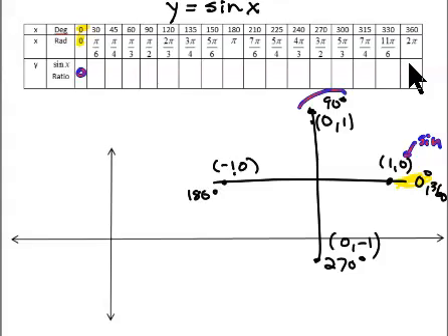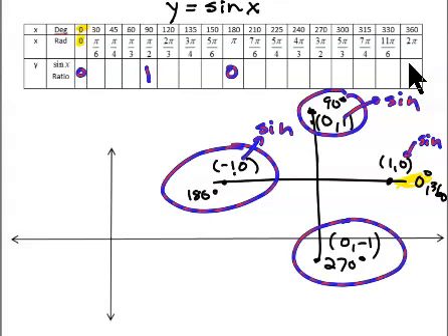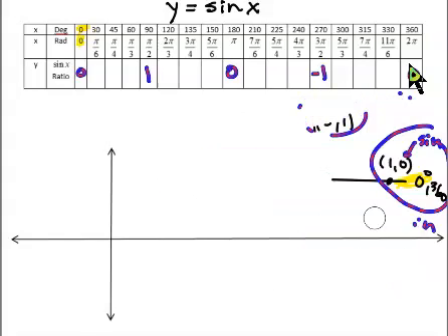If I went up to 90 degrees, the sine at that point is 1. If I went to 180 degrees, or pi, the sine is 0. Sine at 270, or 3 pi over 2, is -1. And then if we come back here, sine at 360, or 2 pi, is back to 0. Okay? So just a reminder, that's where those points come from.